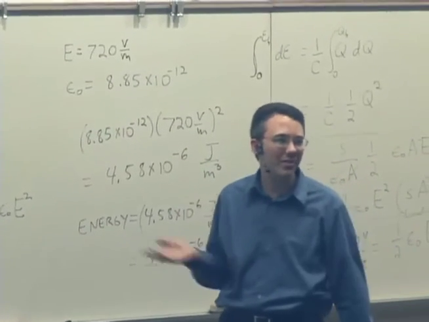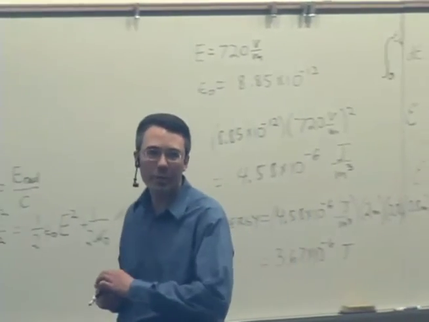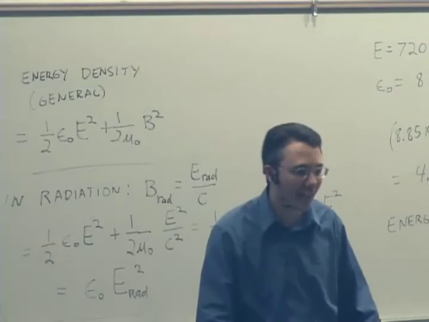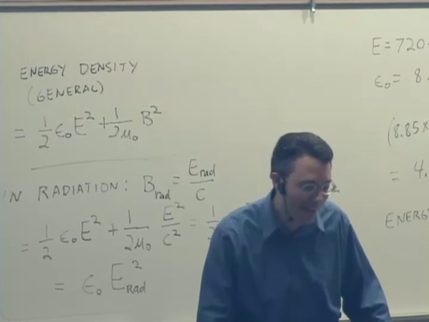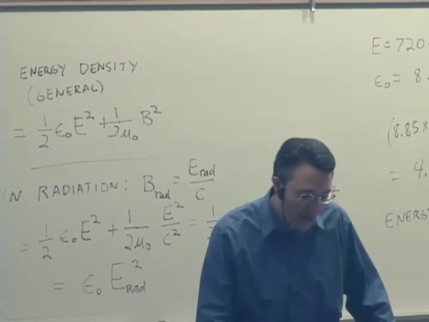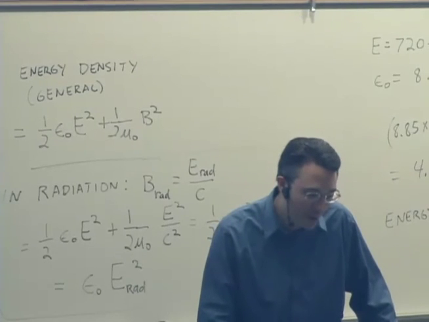Questions here? Just manipulation of a formula, really, nothing more than that. The key point here is that the energy is stored in the fields and that it's proportional to the magnitude of the field squared.